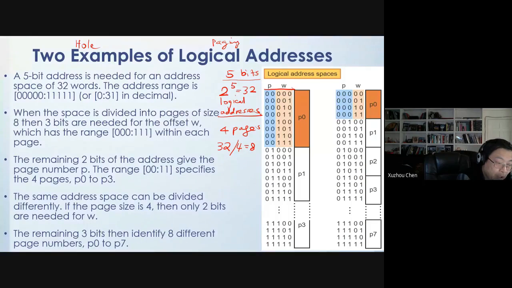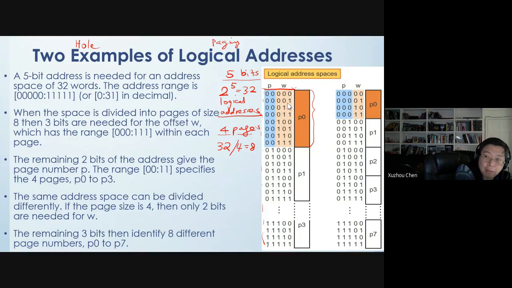That means each page contains a total of 8 addresses, right? This is displayed over here: you have 5 bits, with a total of 32 logical addresses, and if we divide them into 4 pages, the size of each page is 8 addresses. Okay.